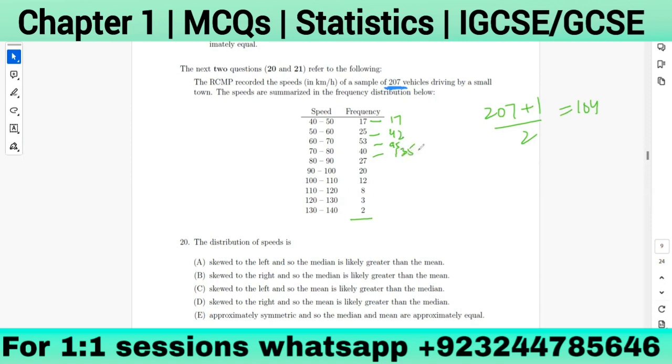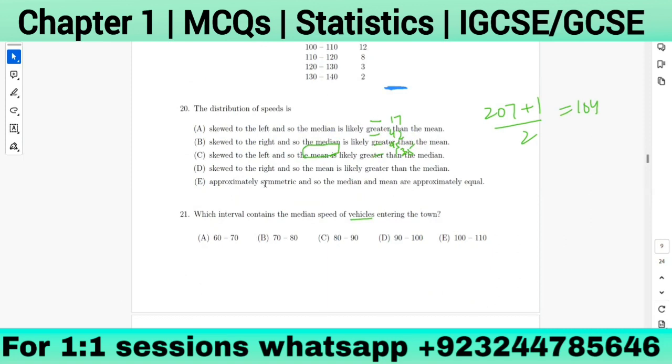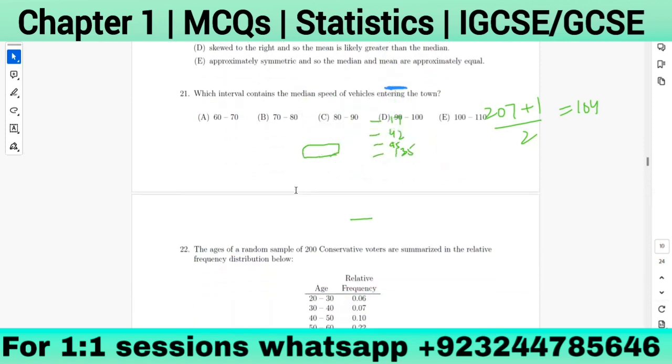And 135 contains 104. This interval will be the answer, 70 to 80. Option B is the correct answer.